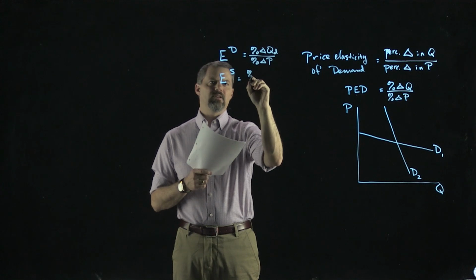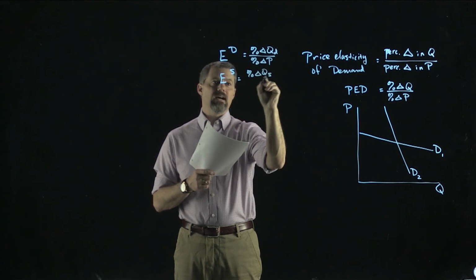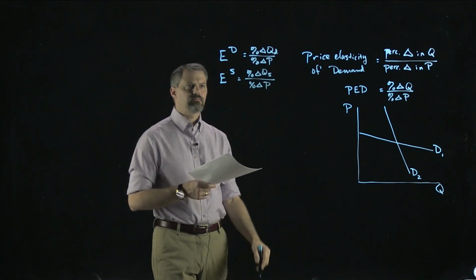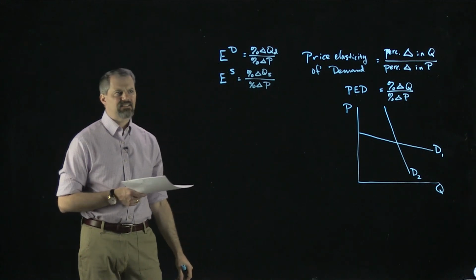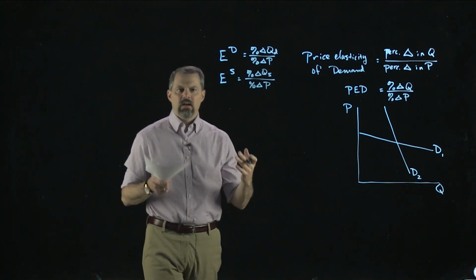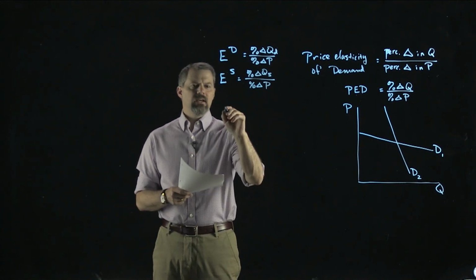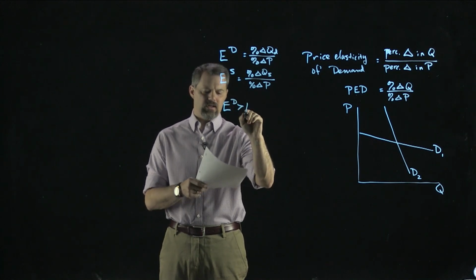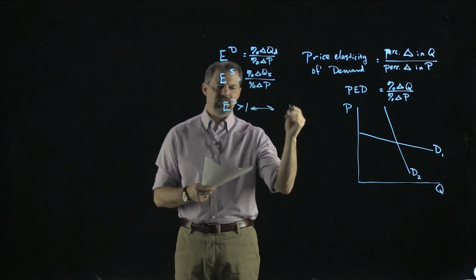Elasticity of supply would be the percent change in quantity supplied divided by the percent change in price. So our elasticities don't change. In terms of how we interpret them, everything's going to be the same. If you calculate the elasticity of demand and it's greater than 1, then we would say that demand is elastic.